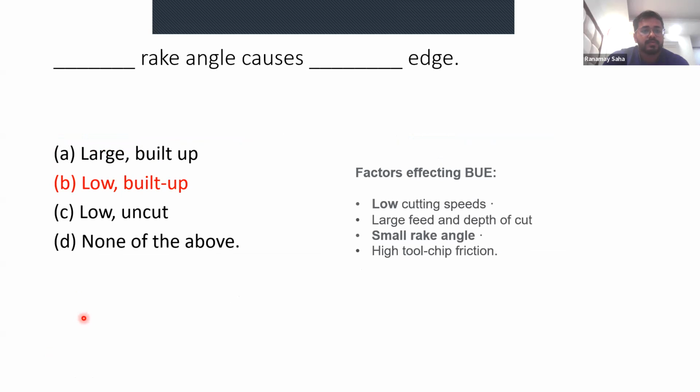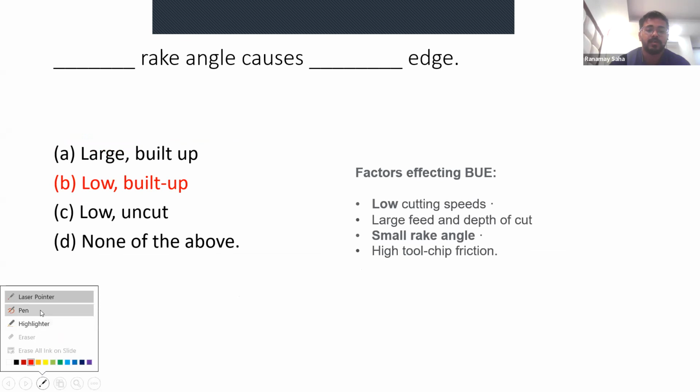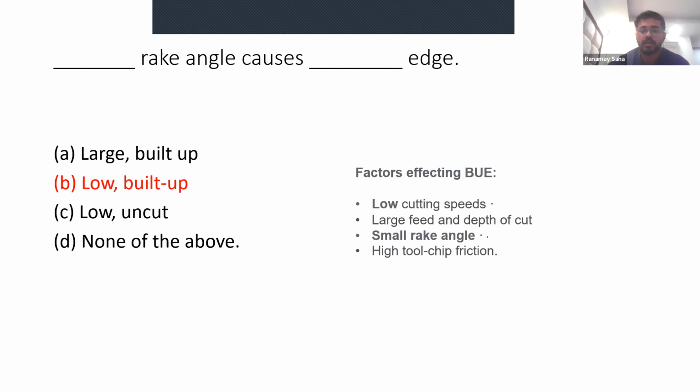Okay, so this question says, what's the relation between the rake angle and the built-up edge actually? So you know what are the factors affecting built-up edge formation, right? So they are mainly low cutting speeds, okay, and then large feed and depth of cut, okay, then small rake angles, and then your high tool chip friction, right?